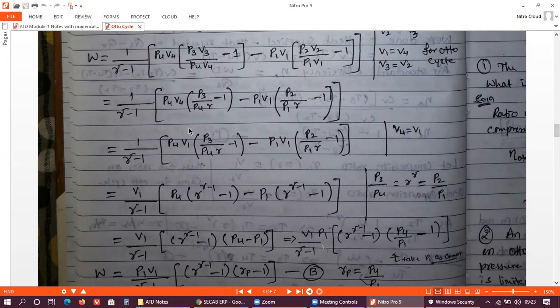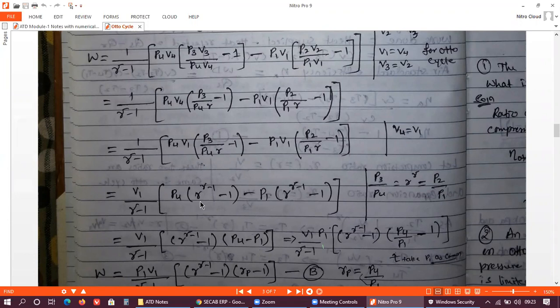Simple, because V4 is equal to V1. Now taking V1 as common, as you can see V1 is there here and also here. So take V1 as common: V1 divided by gamma minus 1 into bracket, P4 into bracket.